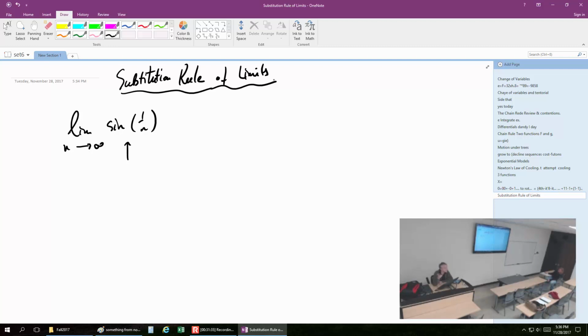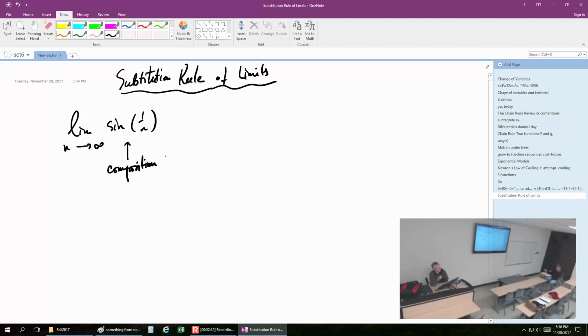Well, another word for substitution. The fifth operation on functions.